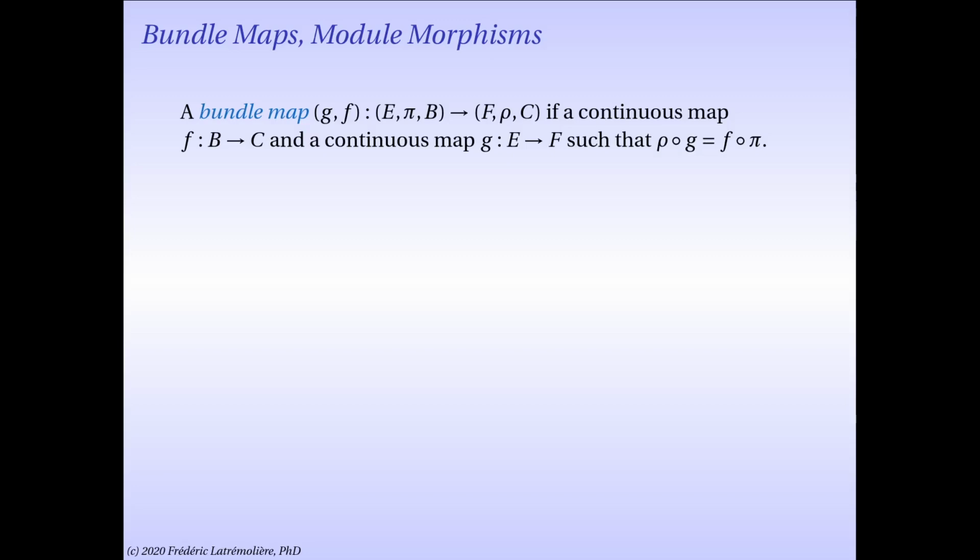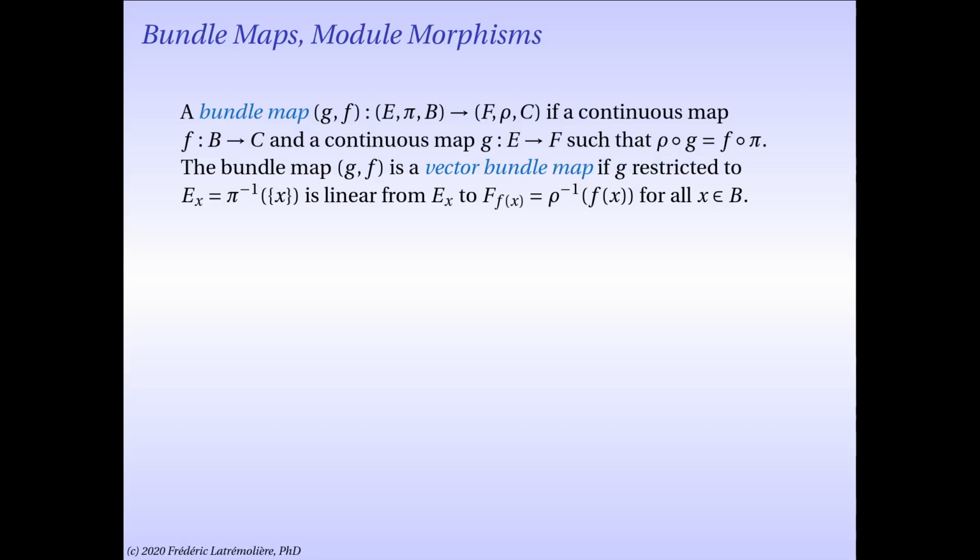Thus, in particular, G maps fibers to fibers. The ordered pair (G, f) is a vector bundle map when G restricted to the fiber E_x is linear from E_x to the fiber F_{f(x)} for all x in B.